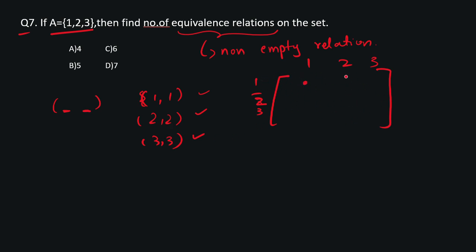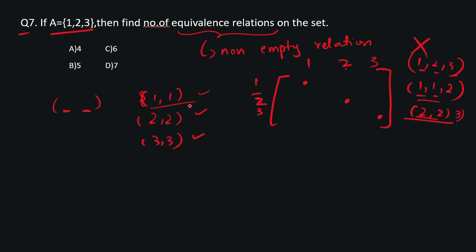We have 1 comma 1, 2 comma 2, and 3 comma 3. Now if we choose 1, 2, 3, here no digit is repeating, so this is not the set. Now we can take 1 comma 1 comma 2. Yes, one is repeating. And also 2 comma 2 comma 3. Yes, we can also take this one.